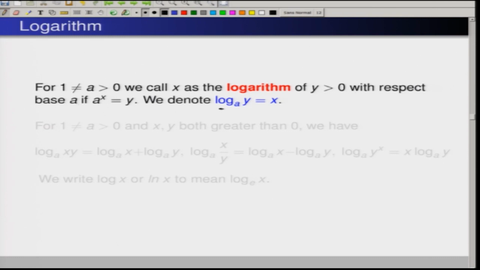Since a is positive and x is a real number, a to the power x is a well-defined object. So, we say that log y to the base a is x if a to the power x is equal to y.